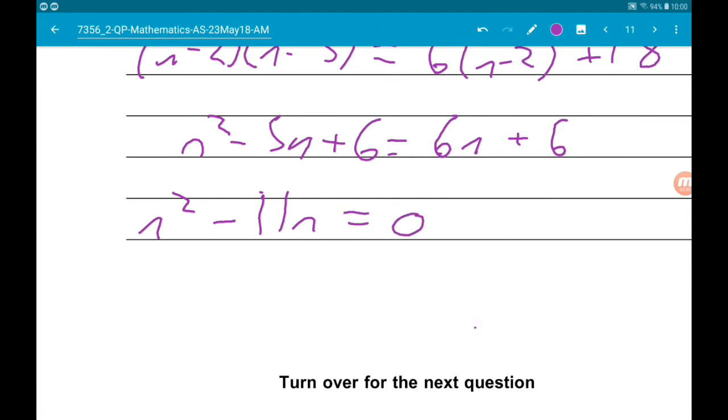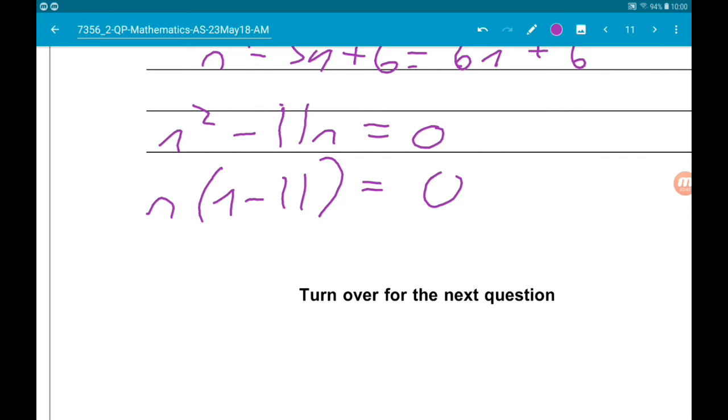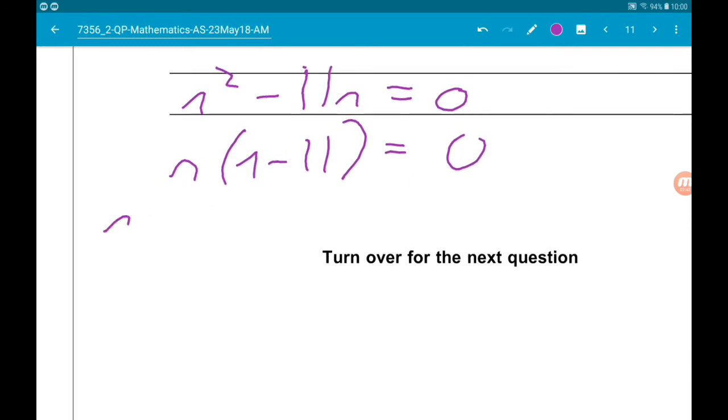So we're left with n squared minus 11n is equal to 0. Factorise this. n times n minus 11 is equal to 0. So n is either equal to 0 or 11.